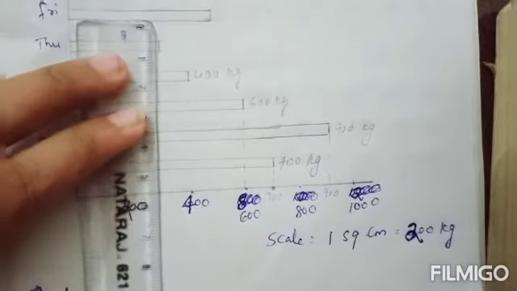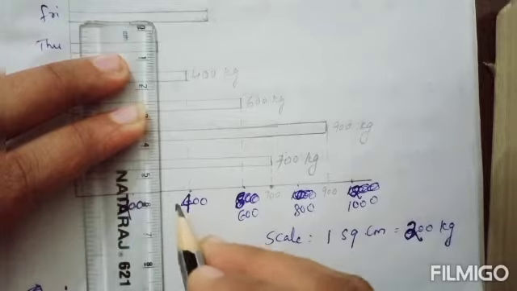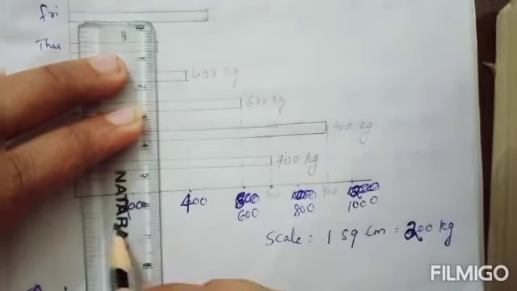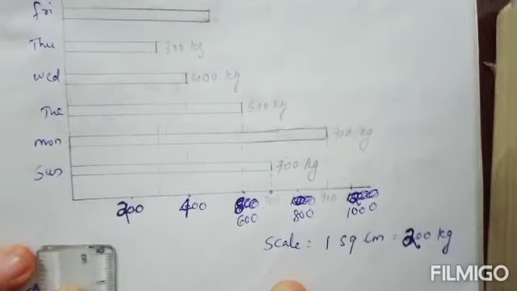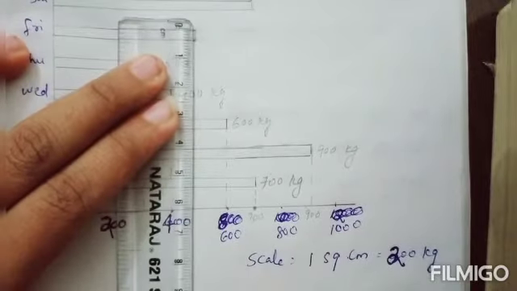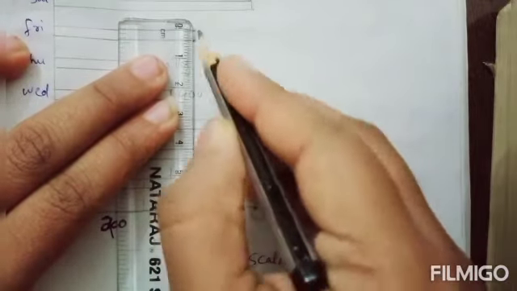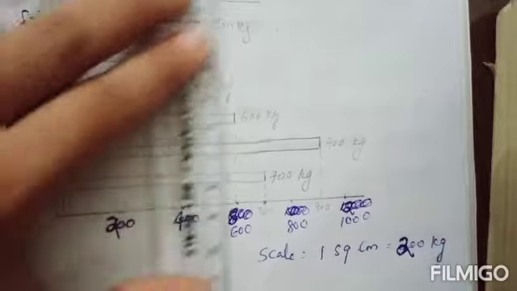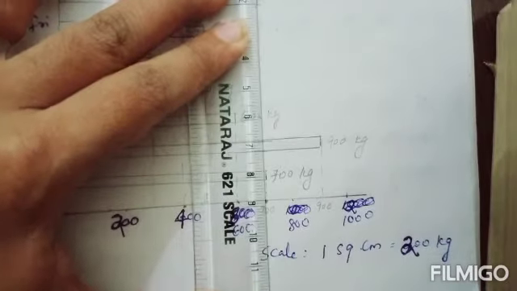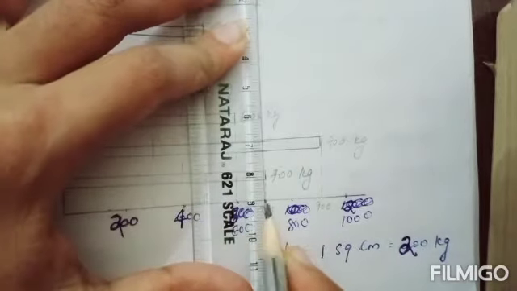On Thursday, it is in the middle of 200 and 400, which is 300. So this is 300 kilogram. Next, Friday, it is in the middle of 400 and 600, that is 500 kilogram. Next, Saturday, it is the same as Sunday, the middle of 600 and 800, that is 700 kilogram.